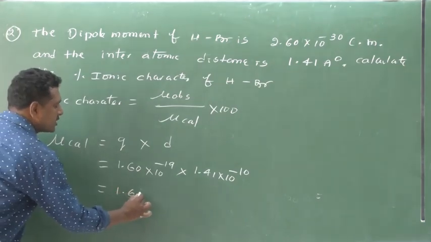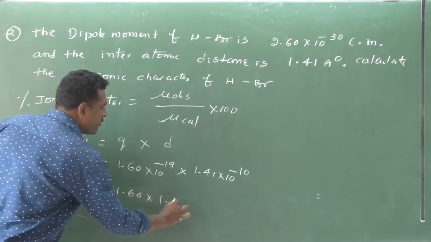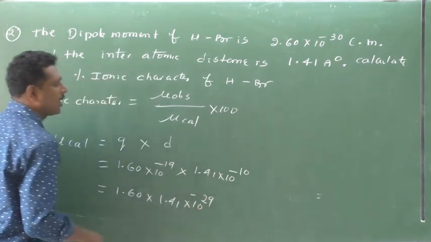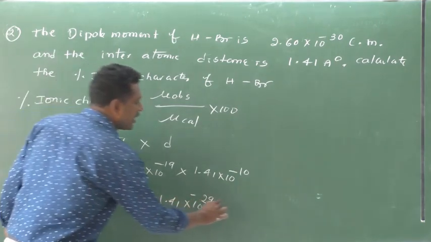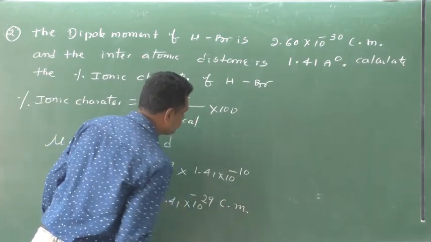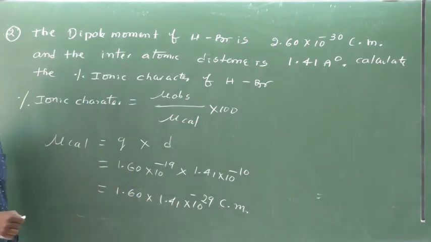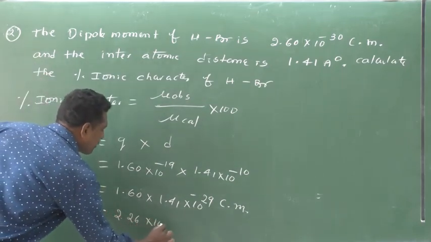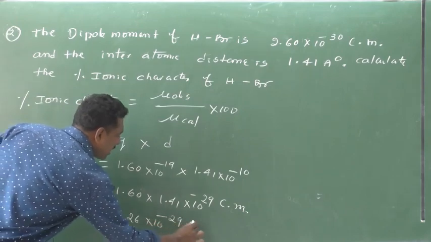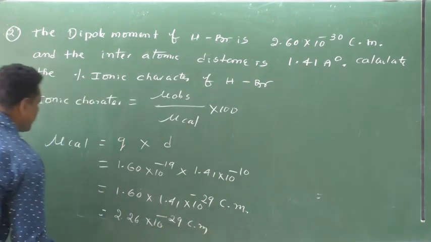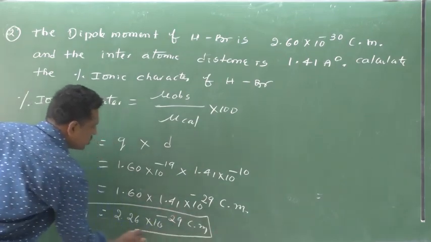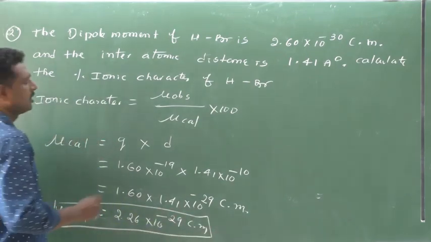Therefore 1.60 into 1.41 into 10 power minus 29. So it is coulomb meter. So this value, we get 2.26 into 10 power minus 29 coulomb meter. This is mu calculated.